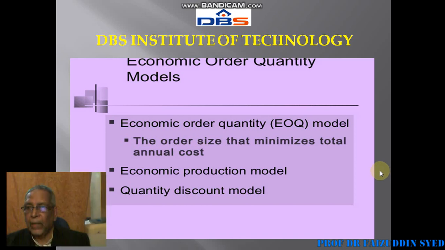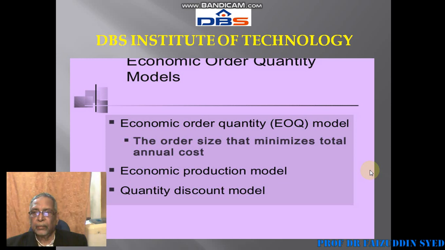Now we'll see the economic order quantity models. Economic order quantity, EOQ model. This is the order size that minimizes total annual cost. We need stock for the production.